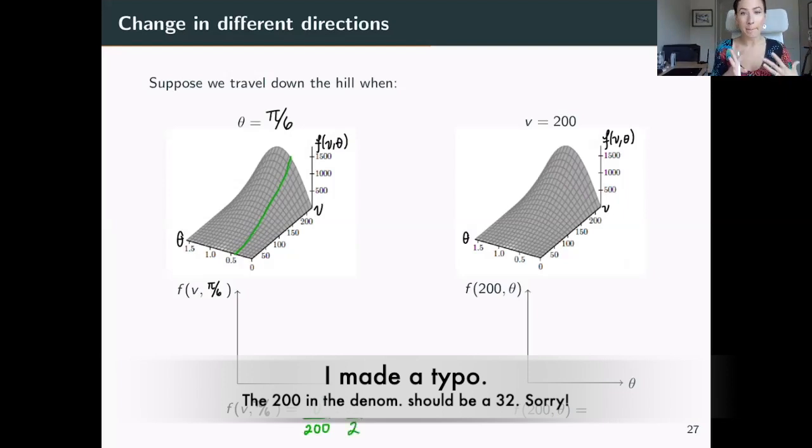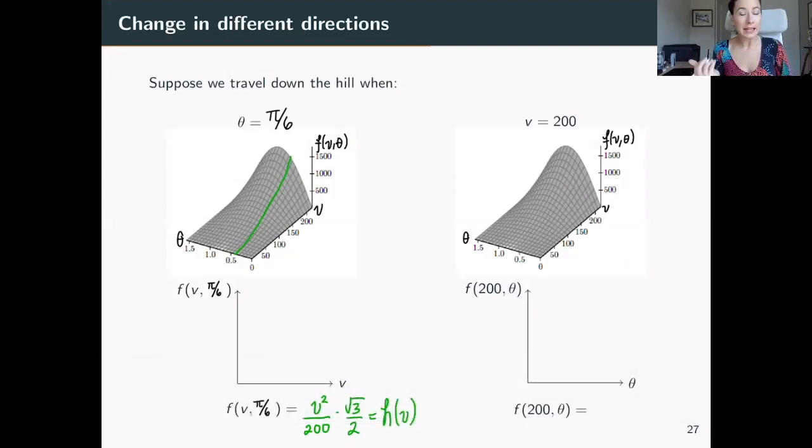While f is a multivariable function, when I fix my variable, I actually end up with a single variable function, which I could call h of v. And h of v is a quadratic, and if I graph it, so here this f of v is my h of v, it's a quadratic that we know how to graph. It's going to look something like this. So here's my quadratic function, h of v.